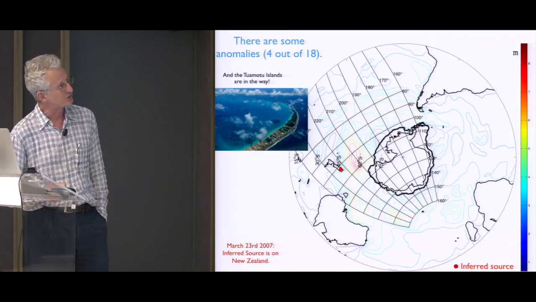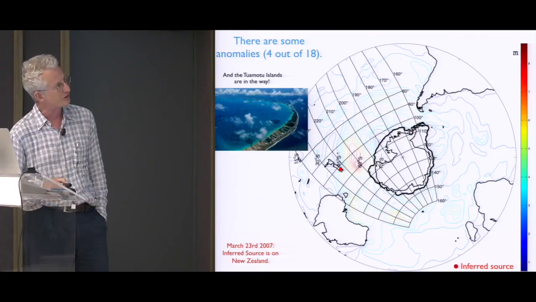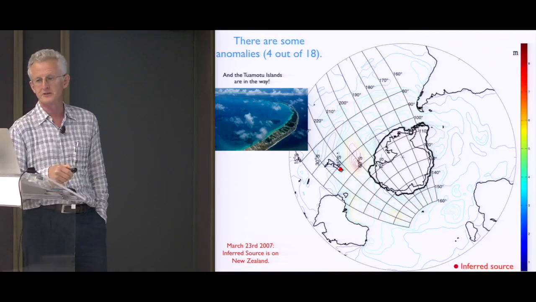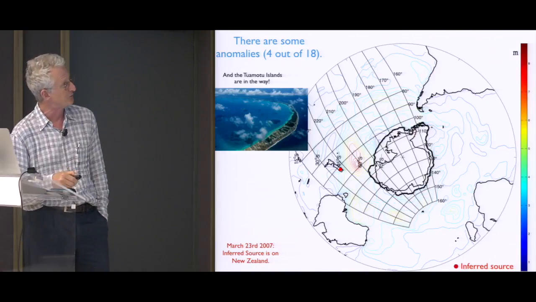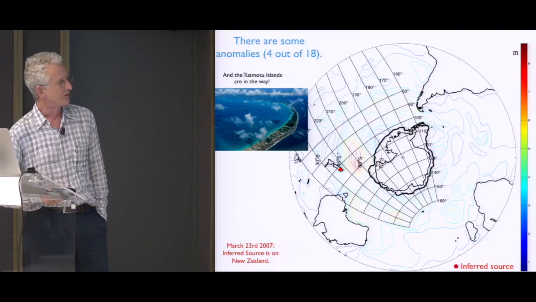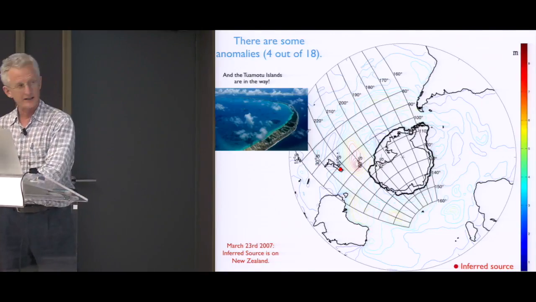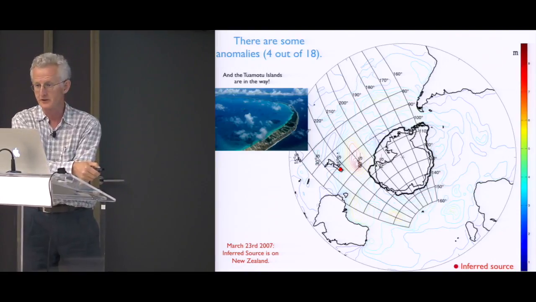So in other words, the Great Circle path from this storm to the observatory is in principle blocked by this island group, so there should be no signal at all. I'll show you a picture of Tuamotu later. And so this is a problem. Why are we seeing anything at all, let alone why the source is on New Zealand?